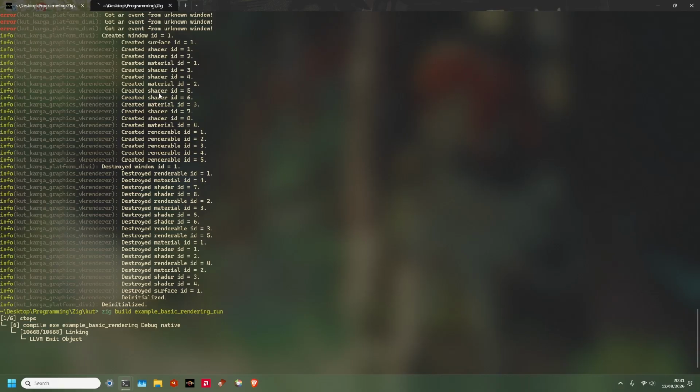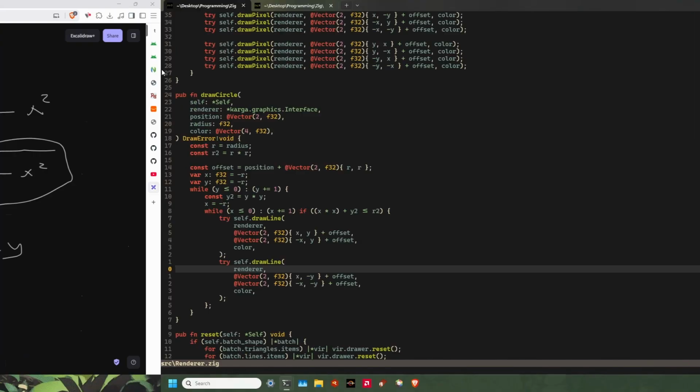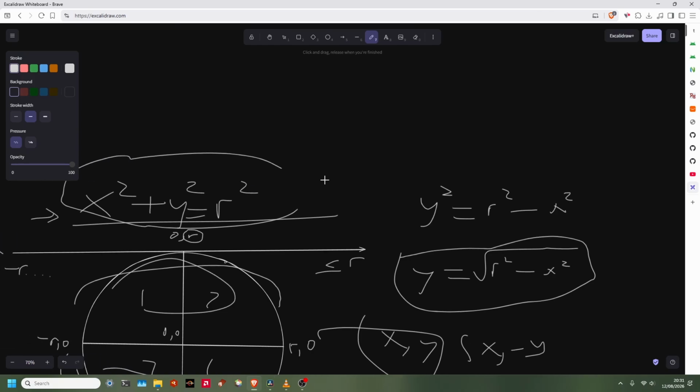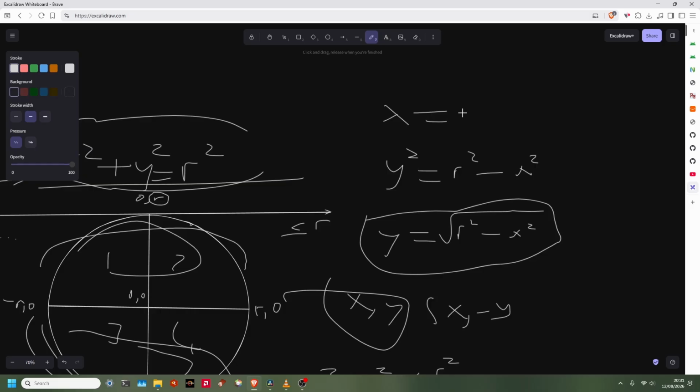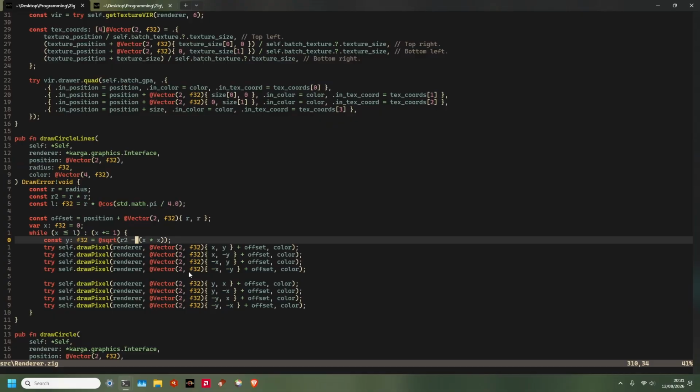If you want to optimize this a bit further, we can take advantage of this equation again. Instead of rearranging it for y this time, we can do the same thing we did for y, for the line function. So we have the square root of r squared minus x squared, and that's how we drew the outline of the circle.